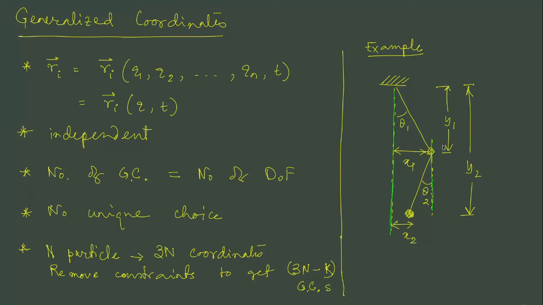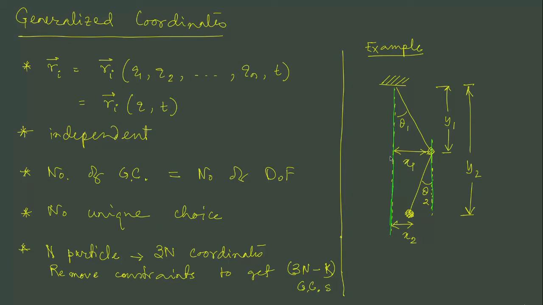We have actually 4 Cartesian coordinates here, x1, y1 and x2, y2, but we have two constraints. One is that this distance is fixed, and the other is that the second pendulum has a fixed distance from the first pendulum. So after we remove them, we end up with two independent coordinates.